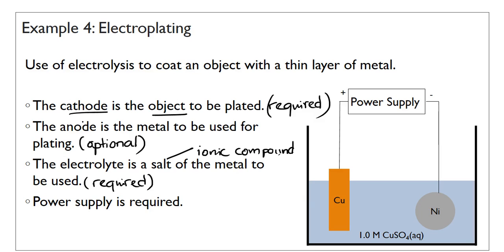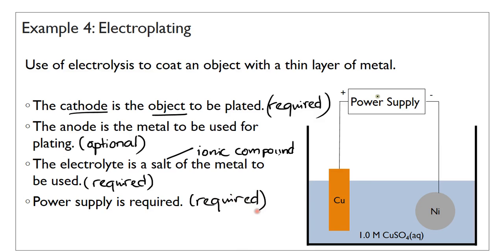It's probably very hard to have a molten electroplating process, because you probably will melt the object by the time you electroplate it. So you can't really electroplate anything that is a weaker oxidizing agent than water. And obviously you need a power supply because this is electrolysis.